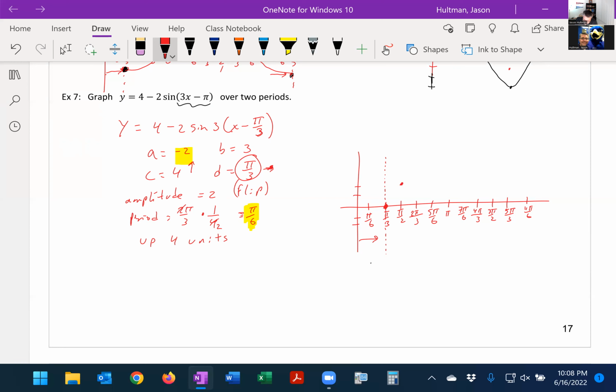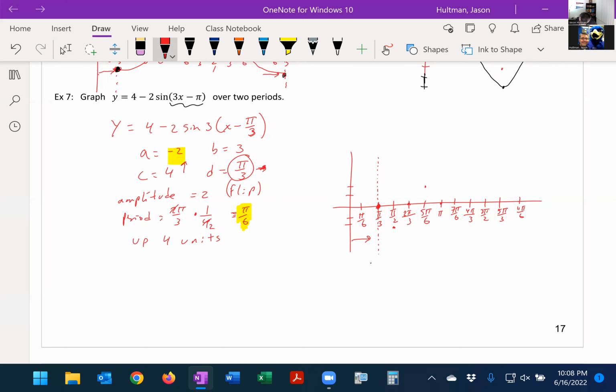However, it's -2, so it forces me to go down to -2. The next one I would go to 0, then +2, and then -2. Back to 0 at pi, then -2, 0, +2, back to 0.